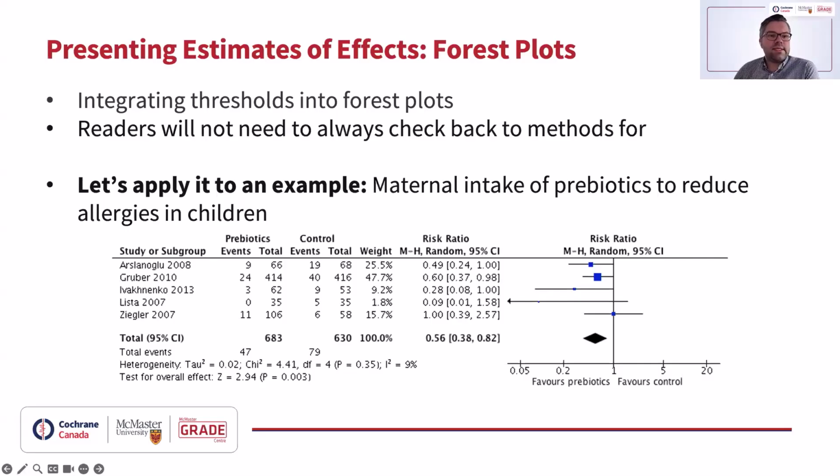So here I'll take us through an example where in the review, we assessed maternal intake of prebiotics to reduce allergies in children. And in the systematic review, there were 5 included trials. And we have our pooled estimate of the effect here, which was a risk ratio of 0.56, 95% confidence interval of 0.38 to 0.82.